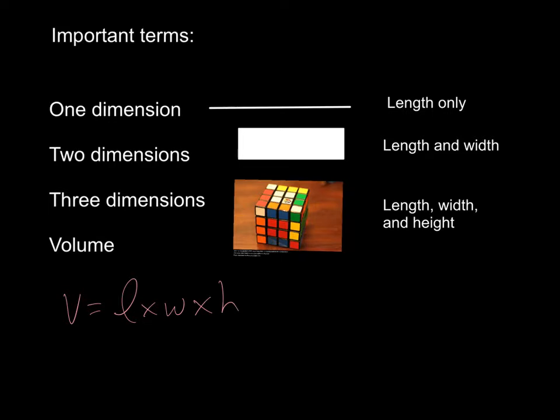When we think about volume, do note that it is how much space can go into something. If we took the Rubik's Cube, we could count how many cubes are inside the Rubik's Cube. Don't confuse that with surface area, which would be how many stickers we need in order to cover the Rubik's Cube. So let's look at some problems with that.